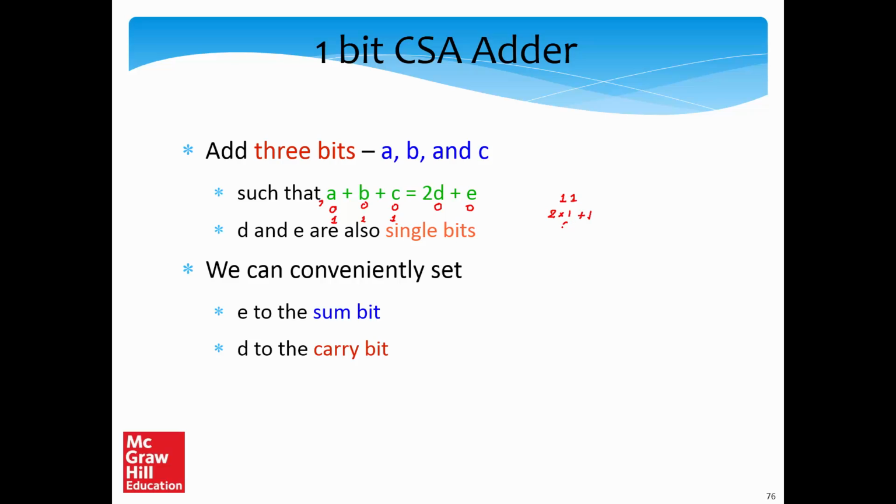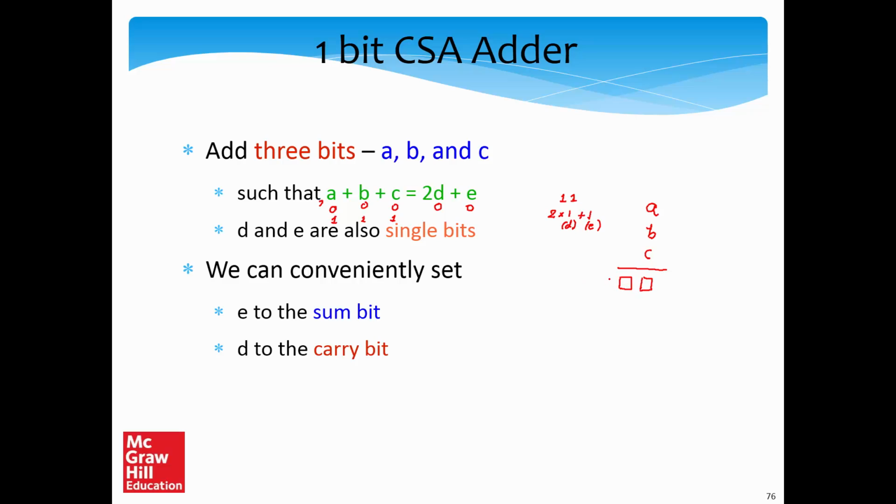So in this case, D is 1 and E is 1. If we add A plus B plus C, since we are adding three 1-bit numbers, the potential output can be a 2-bit number, as we just saw in this case.